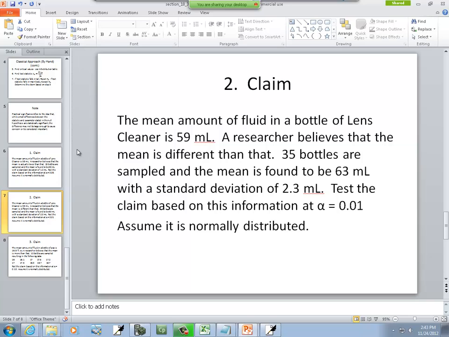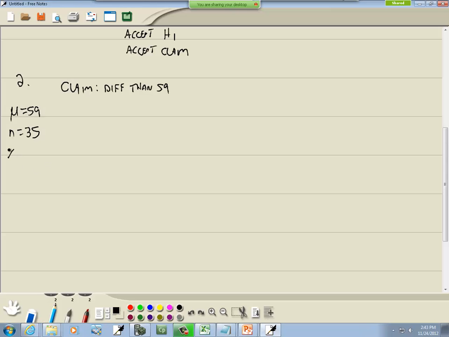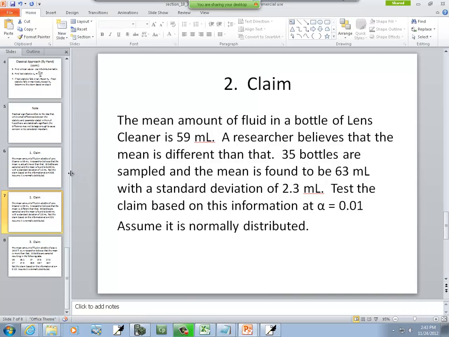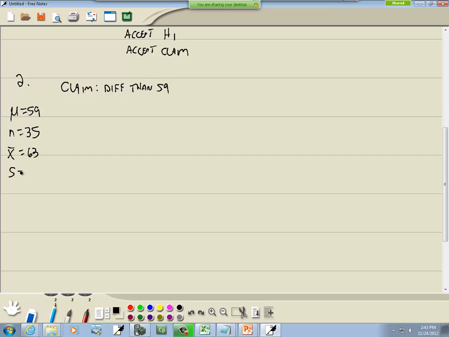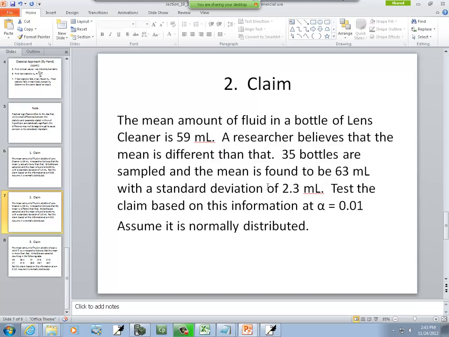And the mean is found to be 63, so X bar is 63, with a standard deviation of 2.3. Since those are referring to the sample, that's why they're X bar and S. Test a claim based on this information and alpha is equal to 0.01.